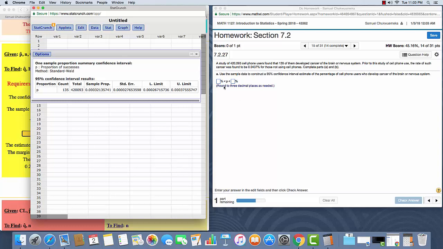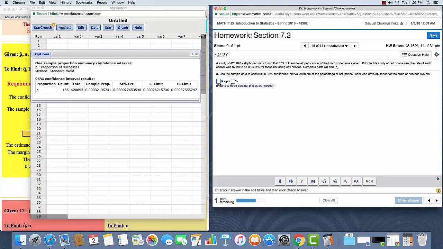Compute. They want this in a percentage. This is in decimal, but they want us to give the answer in percentage, 3 decimal places. So I'm going to multiply this by 100 first, then 3 decimal places. This will give me 0.027.